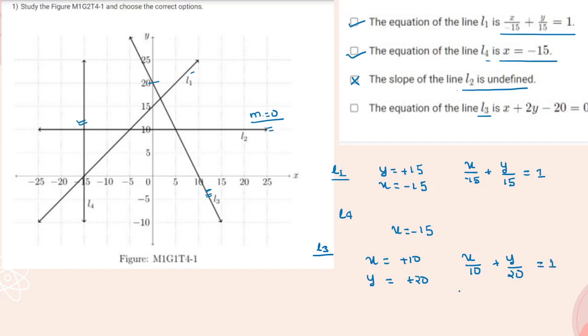Taking 20 as LCM, x will be multiplied by 2, y will remain same, and it will go to 20. So its equation will be 2x plus y minus 20 is equal to 0. This is the equation of L3. In the option it is given that its equation should be x plus 2y, but we are getting 2x plus y minus 20. So that's why this option is incorrect.